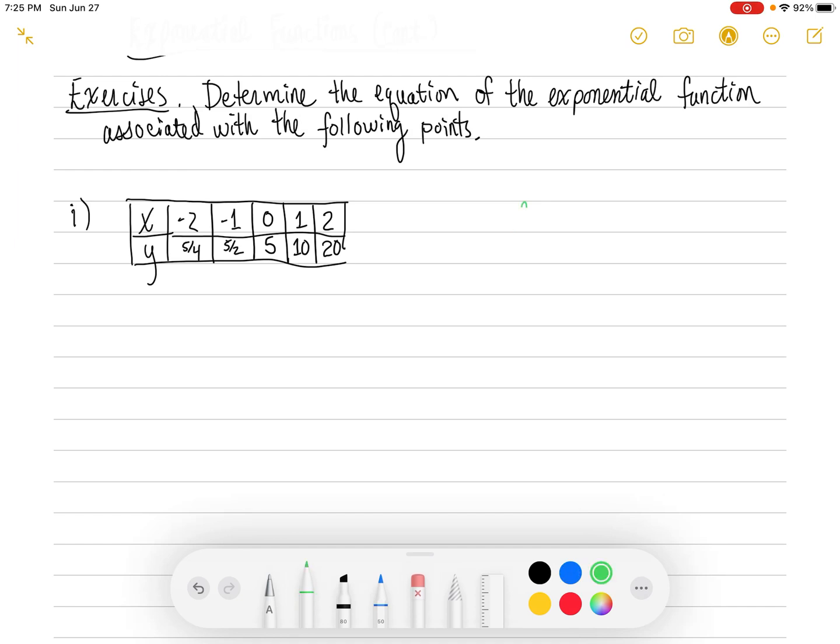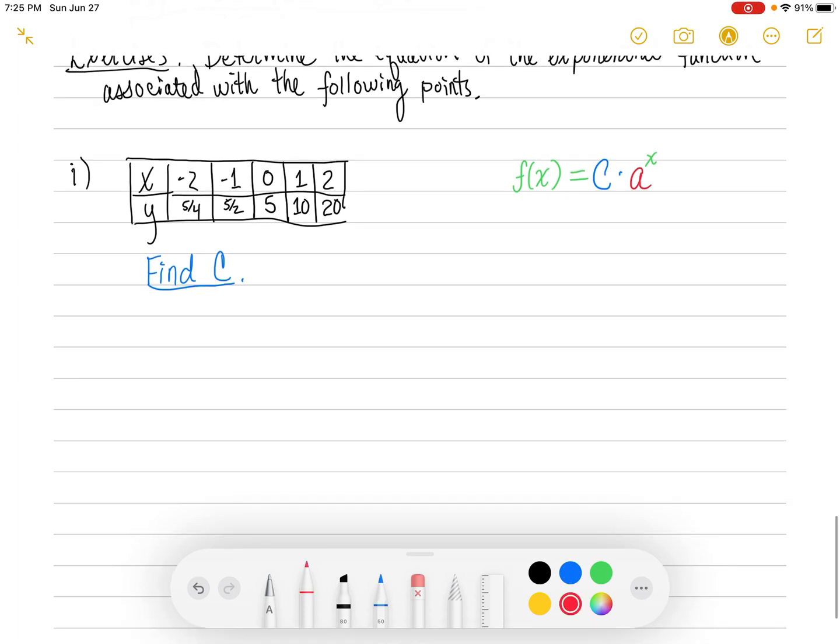Okay, so what do we know? We know exponential functions take on the form f of x equals c times a to the x power. Basically, there are two things you have to find here.